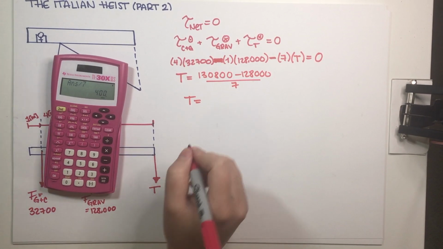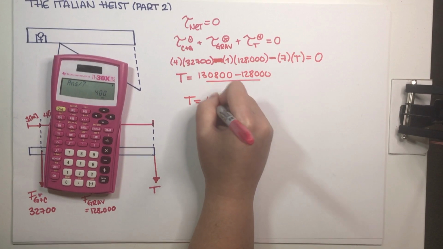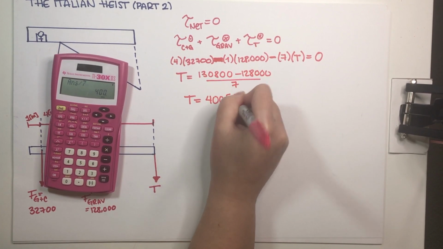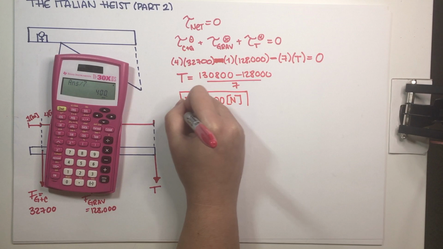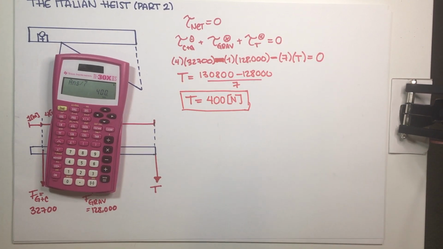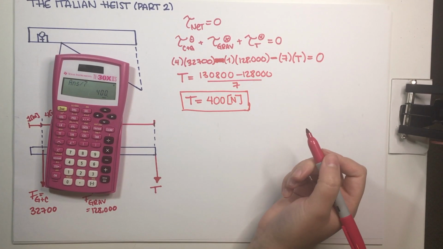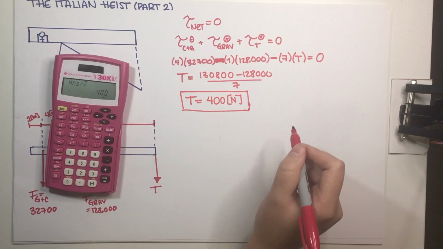So that is going to be equal to 400 newtons. Final answer. There we go. So that is going to be the final answer for part 3 of this quiz, but there is a 4th part of this quiz.